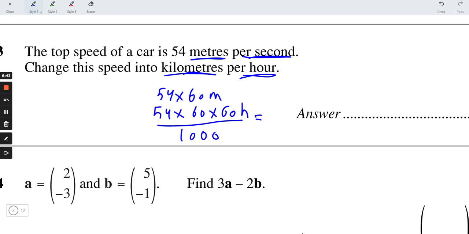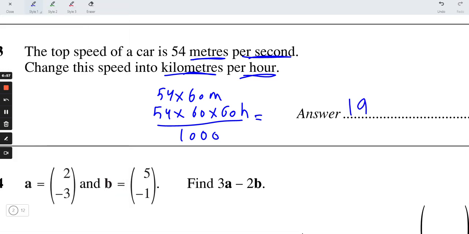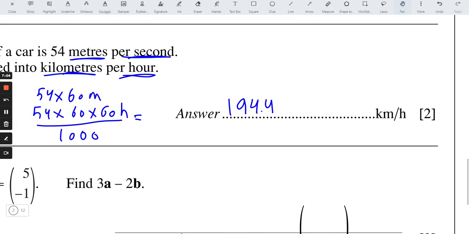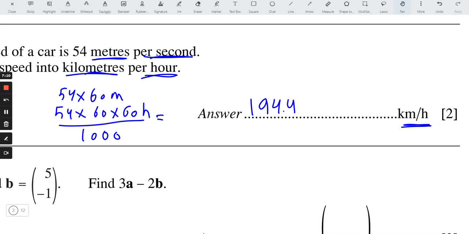So you can use your calculator. Here we have 54 times 60 times 60 divided by 1000. You will get 194.4 kilometers per hour. So the idea is to change the seconds to minutes, then minutes to hours.